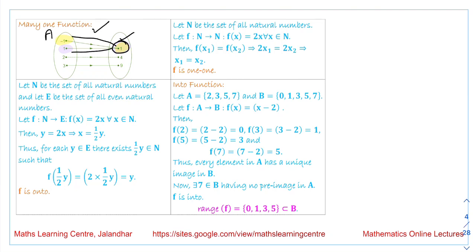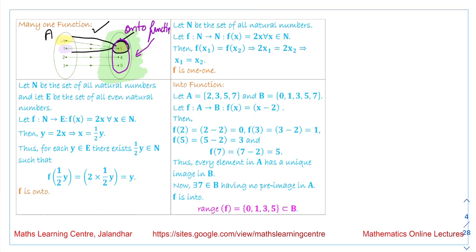So this function is a many-one function. Further, if we look at this set B, every element in B has a pre-image. It means this function is an onto function, because every element in B has a pre-image.